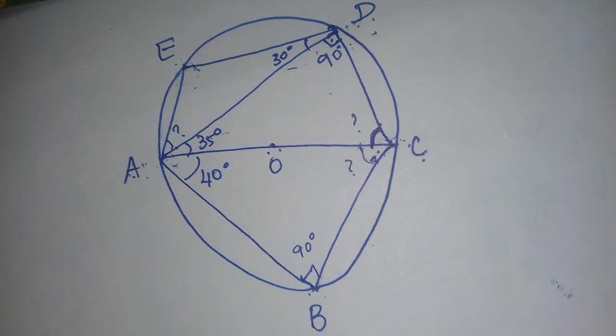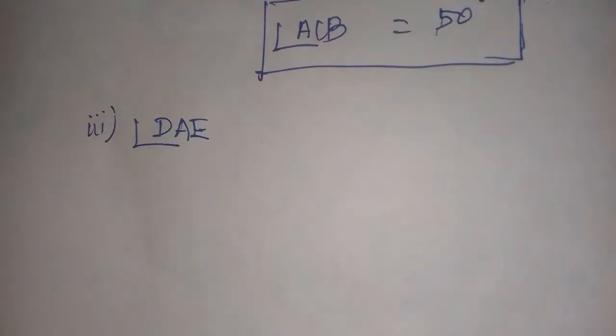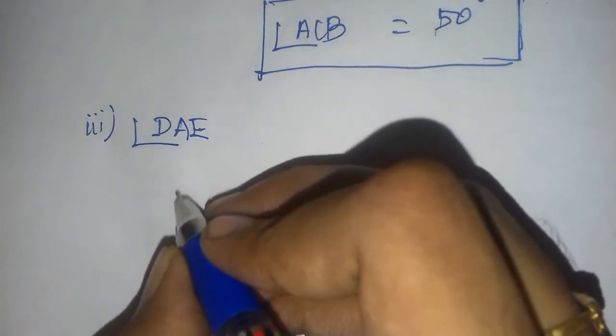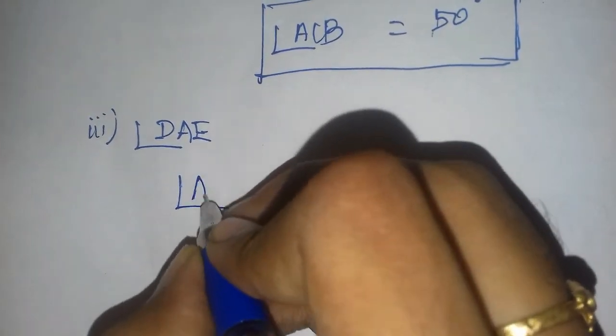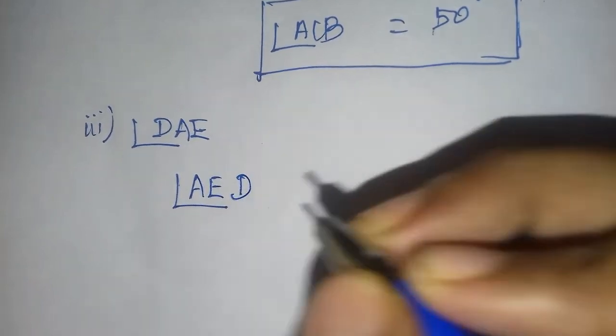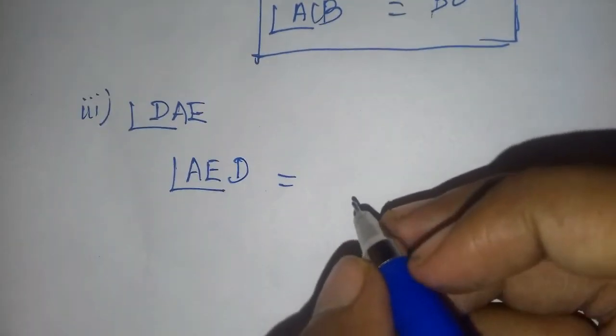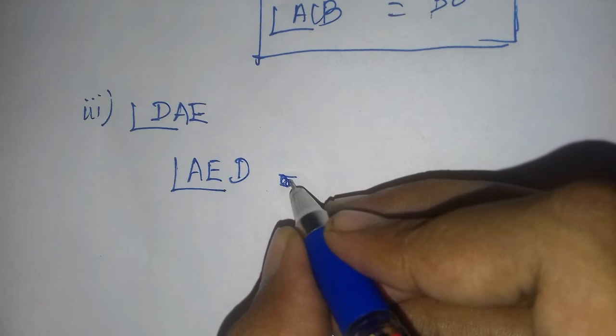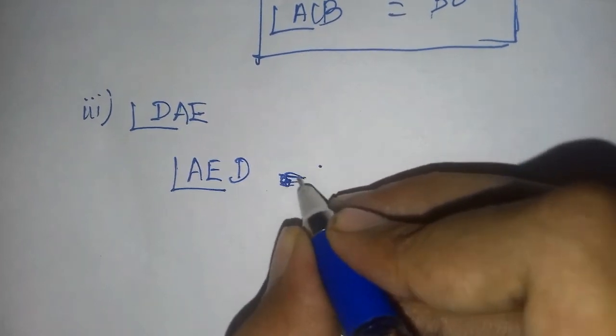Now let's proceed with the problem. To find angle DAE, first what do we have to find? Angle AED, that is equal to question mark. We have to find this angle. For that, what will we do?